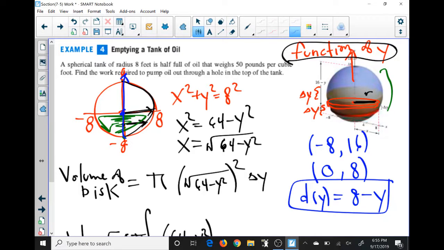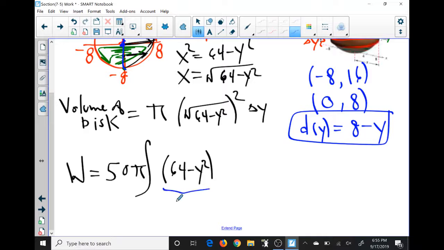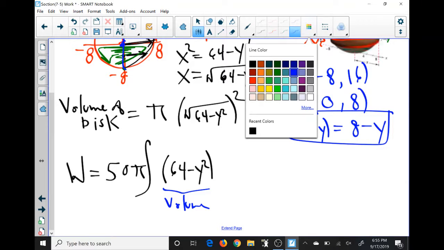So this is part of the force function. We want to go back down to our integral, and we say, great, the force function consists of 2 things. It consists of the volume of each layer, and then it consists of the distance that each layer has to travel.